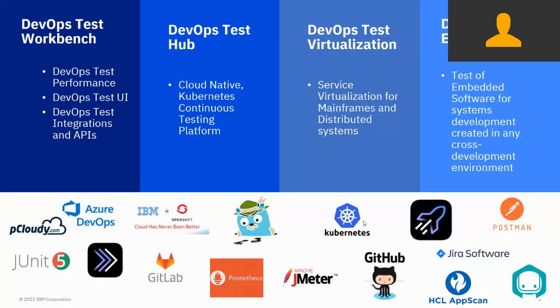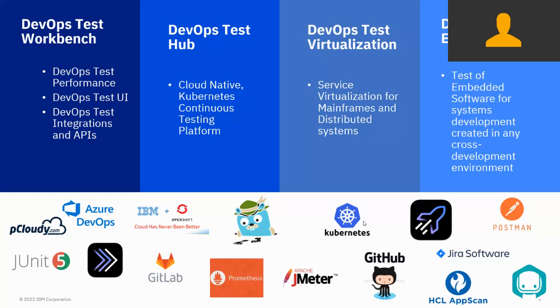So with that new name, we are going to look at the functionality: DevOps Test Workbench, where we create the test; DevOps Test Hub, where we deploy the test on a cloud-native Kubernetes platform. And still, we have the DevOps Test Virtualization, where we can create a virtual service to replace a real service.